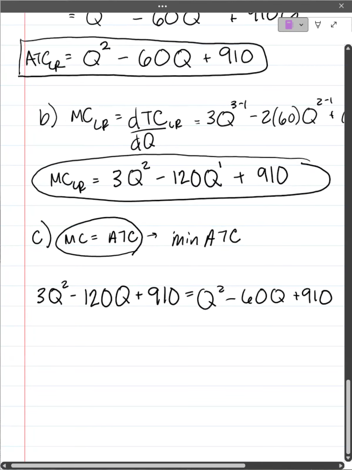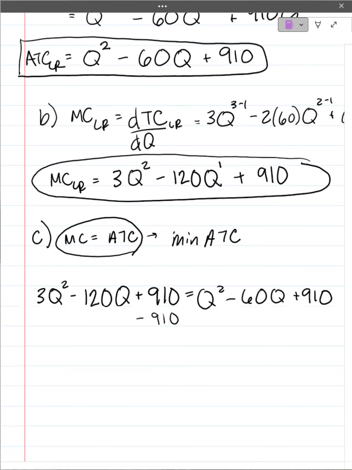All right. And now we're just going to solve for quantity. So our first step here is we're going to subtract 910 from both sides. Right? And since that constant value is on both sides, they're just going to zero out. So we'll be left with 3Q squared minus 120 times quantity equal to quantity squared minus 60 times Q. Okay.